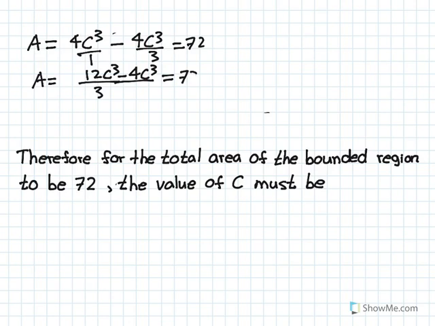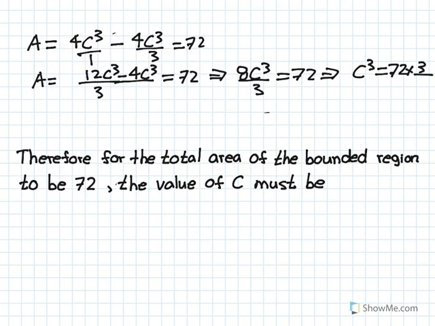That's equal to 72. And 12c cubed minus 4c cubed gives us 8c cubed, divided by 3 equals 72. Now multiply both sides by 3 over 8. We get c cubed is 72 times 3 over 8. Well, 8 goes into 72 nine times, so c cubed is equal to 9 times 3, that's 27.